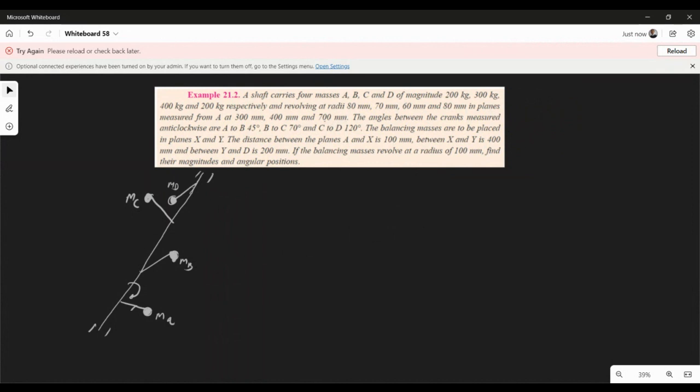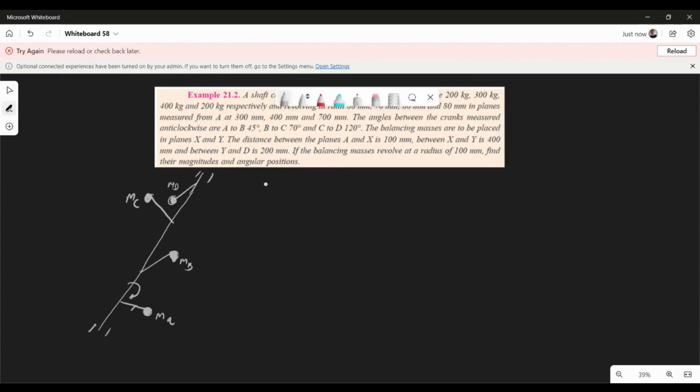So the distance between planes B and C is 400 and C and D is 200. Yeah, that's the radiuses measured from A at 300. Okay, cool. So from A to B.